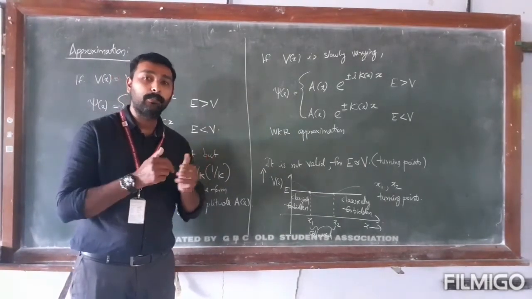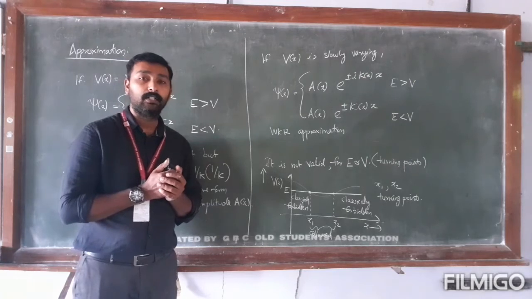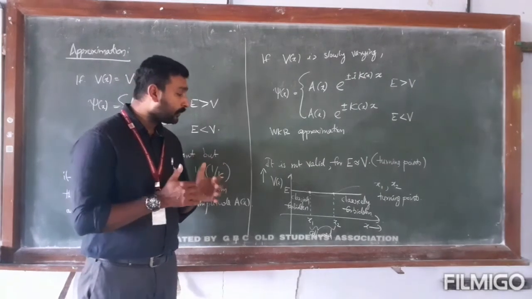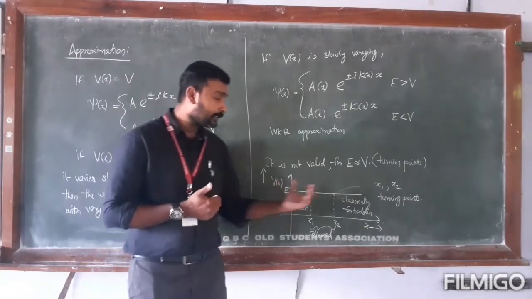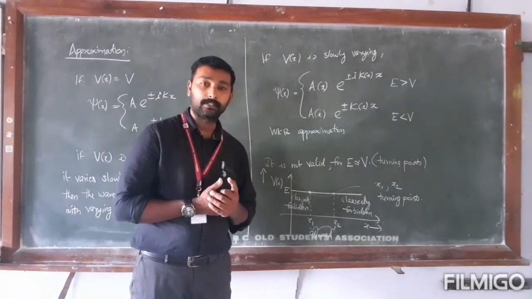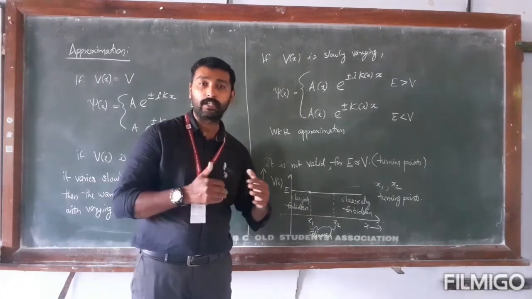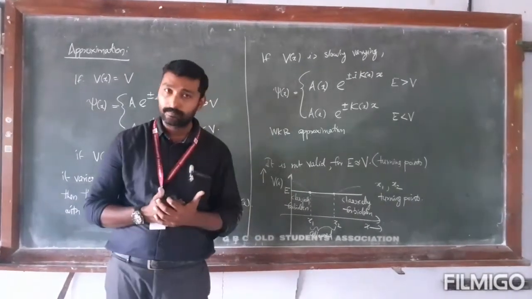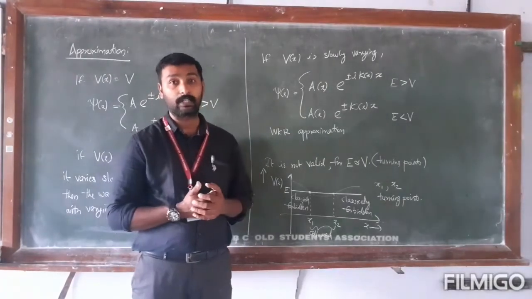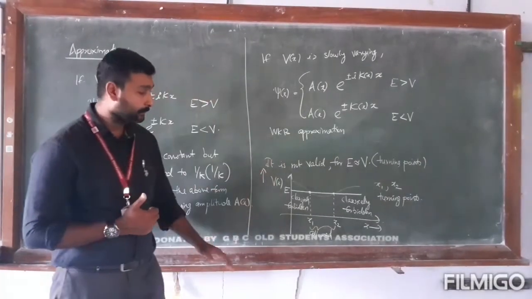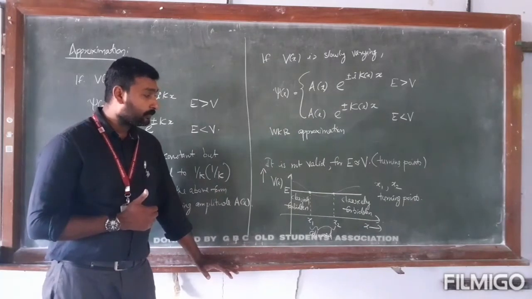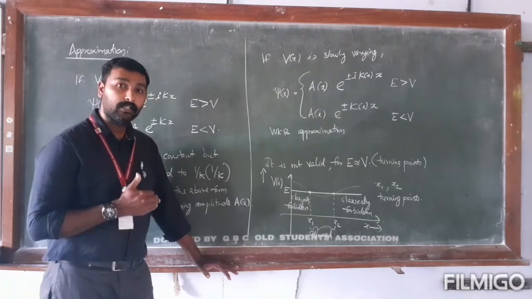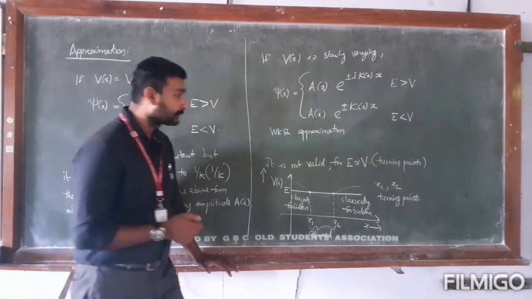This is the most difficult part of the WKB approximation problem. If you have to deal with such points, the classical turning points, the WKB approximation will be very difficult. If you don't have any such turning points, then there is no issue. We can easily use the WKB approximation. So this is the main issue of the WKB, the dealing of the turning points.